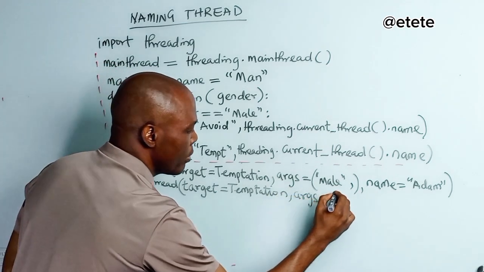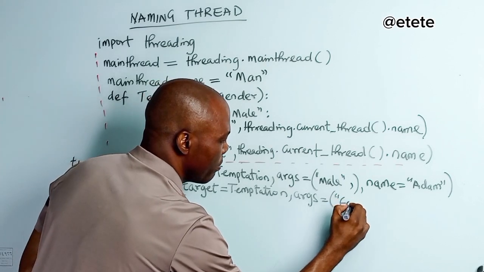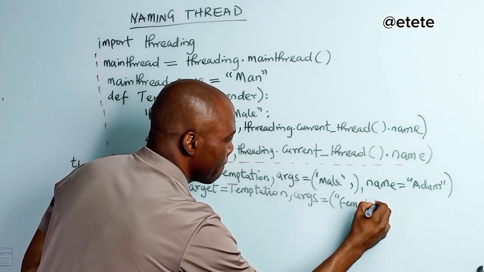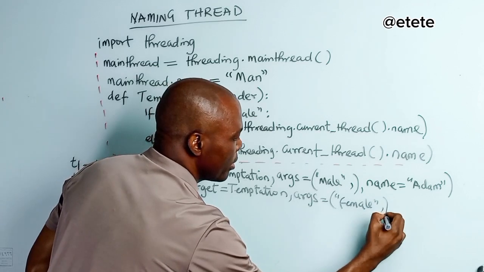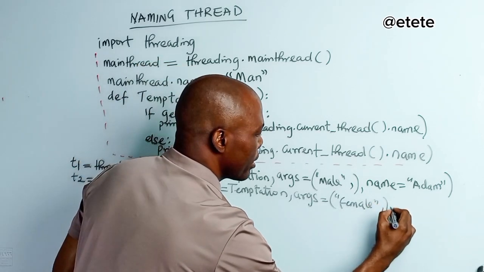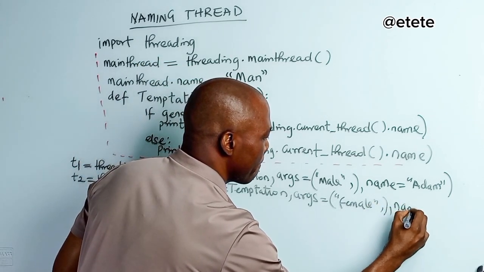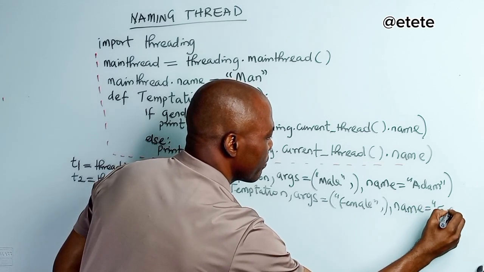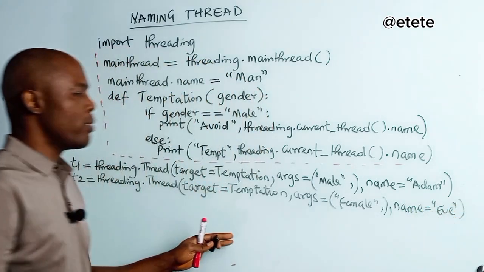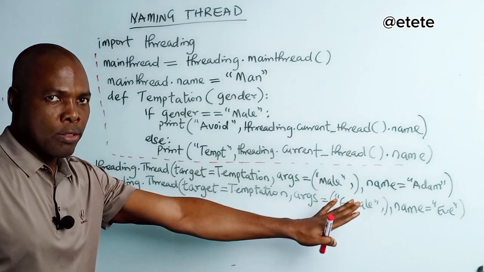The argument will be what? Female, right? Then comma, then you close it, then comma here, name, you will assign Eve to it. I hope you can still see. So now I've created my two threads.